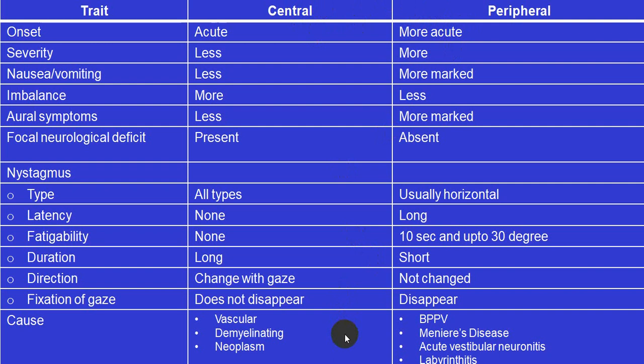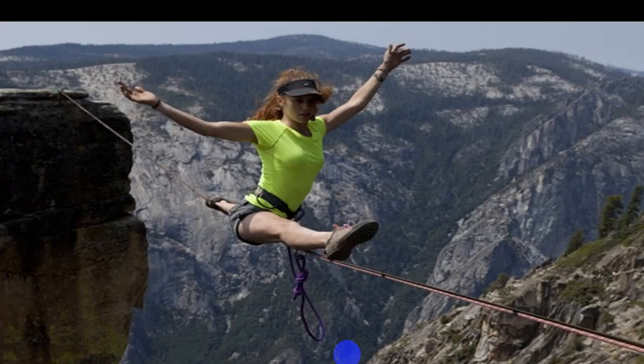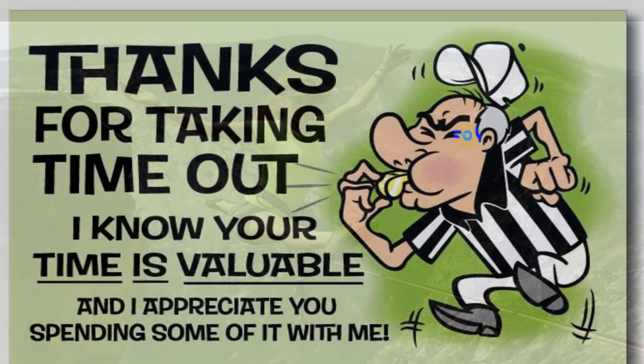At your leisure, you can go through. That is, we call damage to the brainstem, and this is damage to the vestibular apparatus in the inner ear. What will be the finding? These are the different tests. Acoustic reflex testing. Definitely, she doesn't have what we call a balance problem.